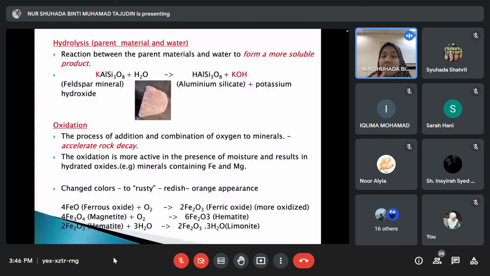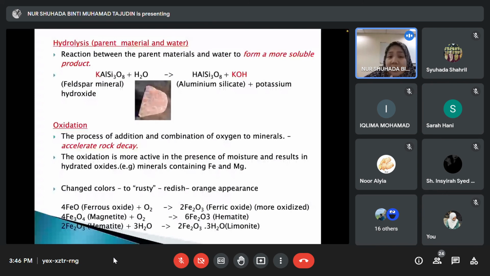For example, the rusting process of iron. What is iron? Anyone? Metal, yes. The metals. For example, it will change colours.